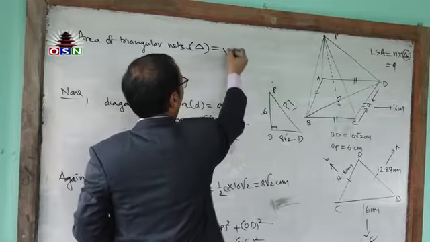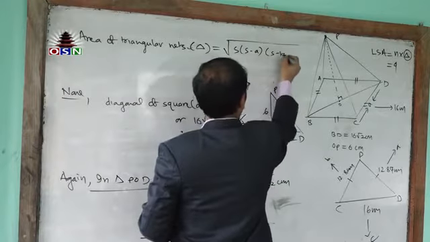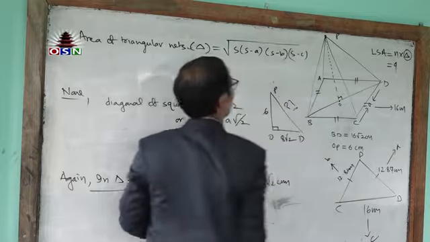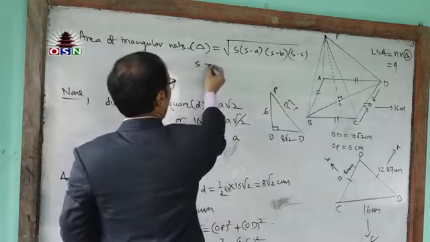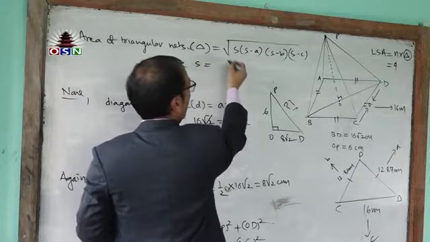To find the area, we know this formula: root of S into S minus A, S minus B, and S minus C, where S represents the semi-perimeter of the triangle.